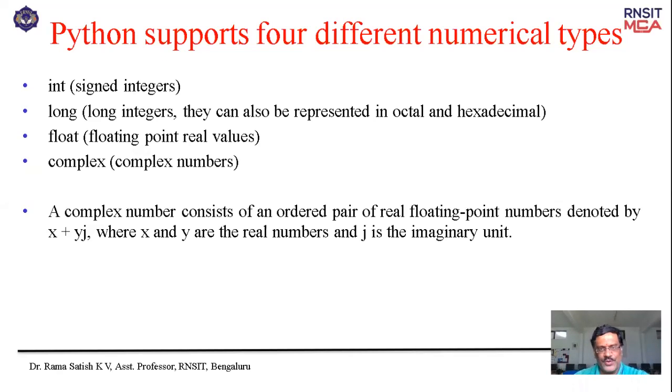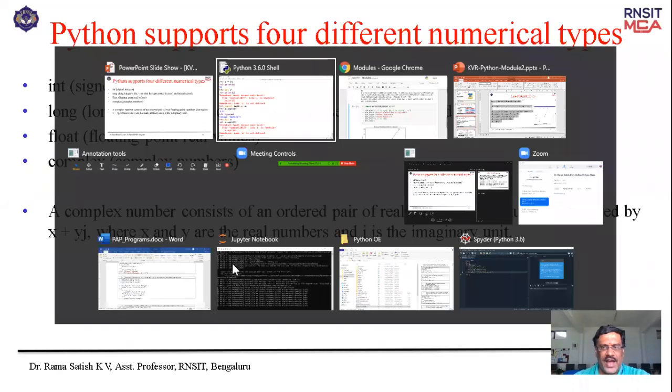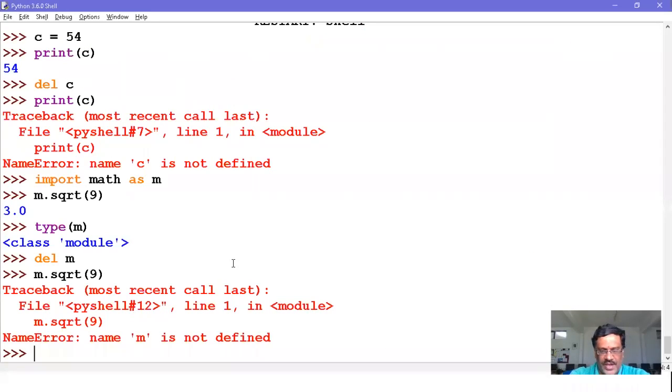Let me show you the same thing here in IDLE. Okay. I create a complex number. C is equal to 3 plus 4j. We don't call it as i. There we call it as i, but i has a different meaning here, so that's why we give it as j.